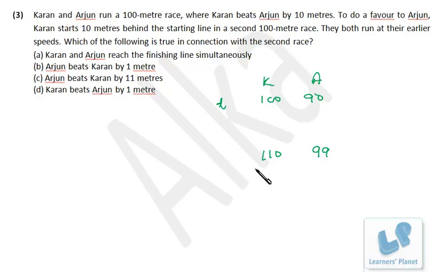So from the finish line, he is just 1 meter behind, right? So that means Karan beats Arjun by 1 meter. Yeah, I hope you are clear.